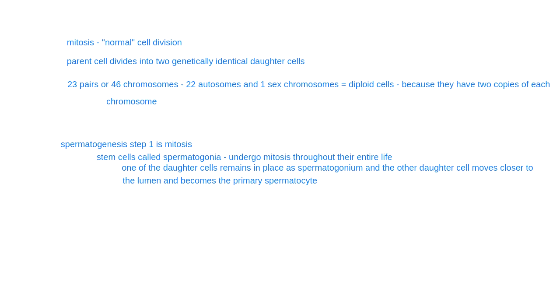Now, meiosis is different. In mitosis, we're producing genetically identical daughter cells. In meiosis, we are producing 4 genetically different daughter cells. Meiosis actually has 2 different stages.